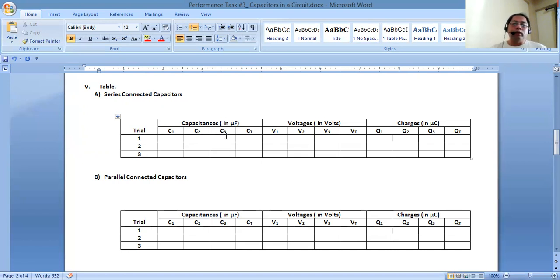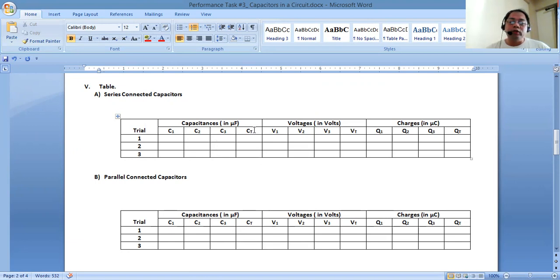For each trial, I hope you will set the values so that C1 has an increasing value. We will see later how low the capacitance can go and how high. Again, for these listed values, you will determine them, taking from the simulator.